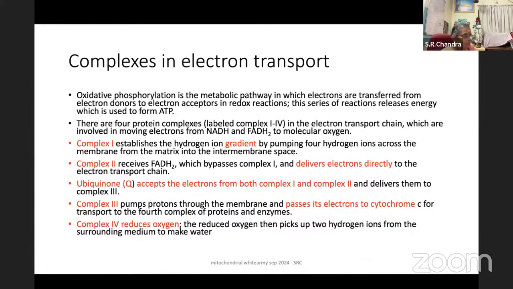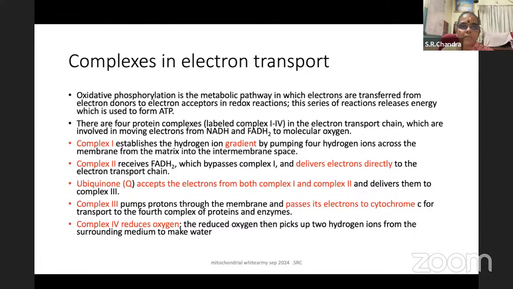So what are all the complexes in the electron transport chain? So oxidative phosphorylation. Oxidation means oxygen transport. Phosphorylation means formation of ATP.